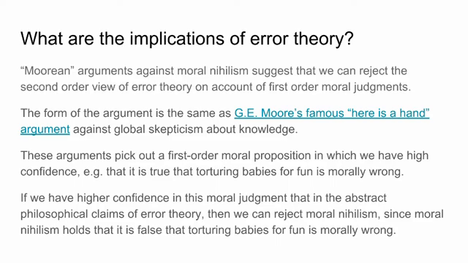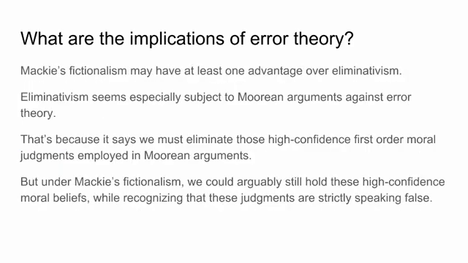I mean, we don't even really care about these metaphysical arguments for error theory outside of the philosophy classroom, while we absolutely seem committed to these maybe uncontroversial, seriously held first-order moral judgments. So to the degree that thinking these judgments are true is inconsistent with moral nihilism, and we have higher confidence in them than in any arguments put forward by the error theorist, then we can go ahead and reject moral nihilism for what seem to be moral reasons.